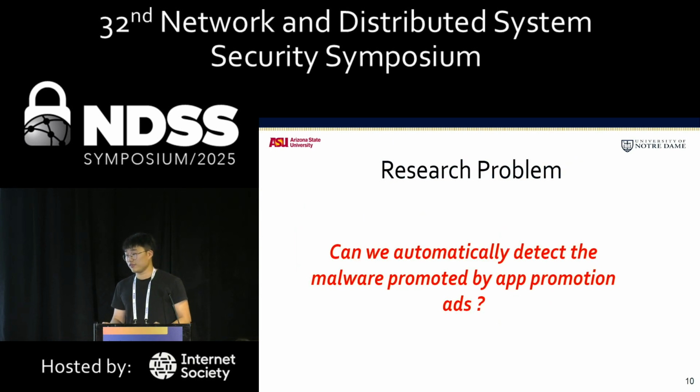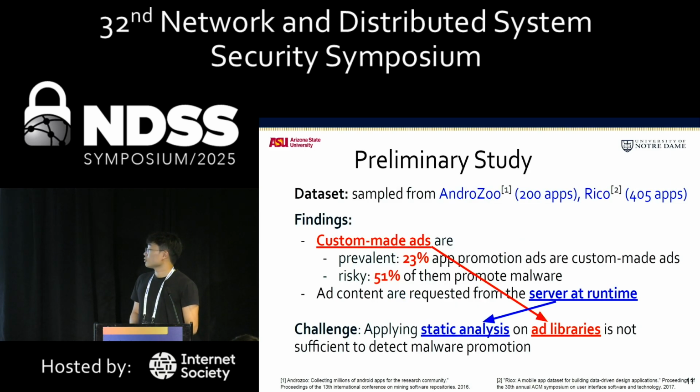Manually verifying the ad content is quite expensive and impractical, even for large companies. So can we automatically detect malware promoted by app promotion ads? To gain a deeper understanding of this system and answer this research problem, we first conducted a preliminary study on two datasets, AndroZoo and Rico. We have two findings.